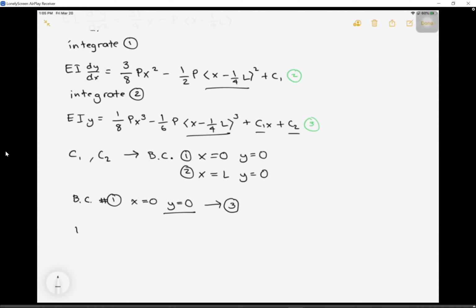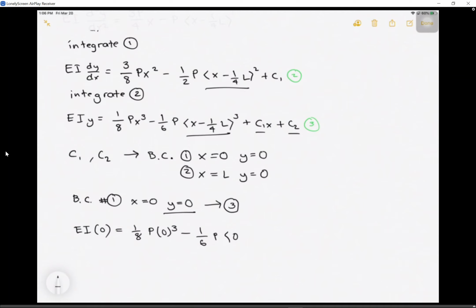So if we substitute those numbers, it's EI times 0, and that's equal to 1/8 P times 0 raised to 3 minus 1/6 P. Now, this is our singularity function. First, let's substitute 0 right here, and then eventually we're going to evaluate the value.